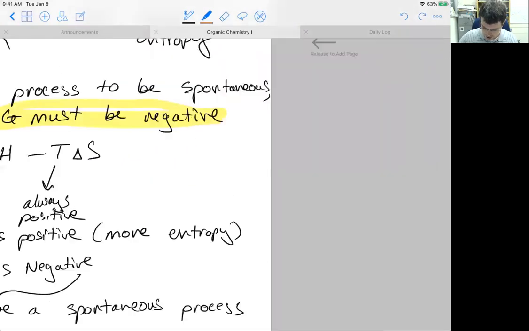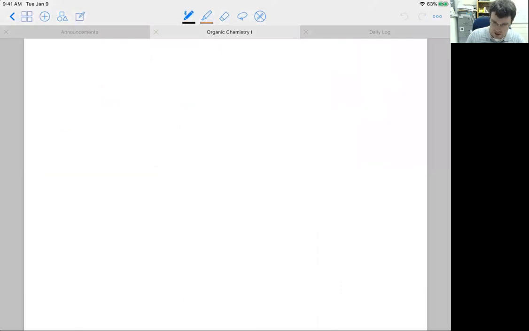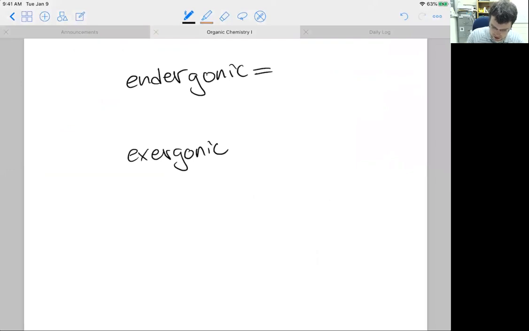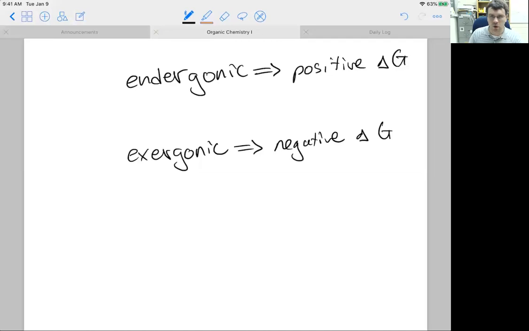What I'll just mention, to leave us with, is the idea of endergonic and exergonic. Endergonic implies a positive delta G, and exergonic implies a negative delta G. Now, what do these values mean?